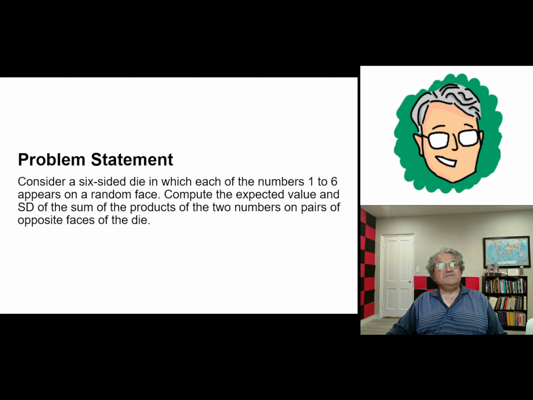So then what I'm asking for is, first of all, the expected value of the sum of the products on opposite faces of a die. And then I'm also asking for the standard deviation. I'll go into that if you don't know what that means. But standard deviation is a very common and very important topic in probability and statistics, so it's something worth knowing.